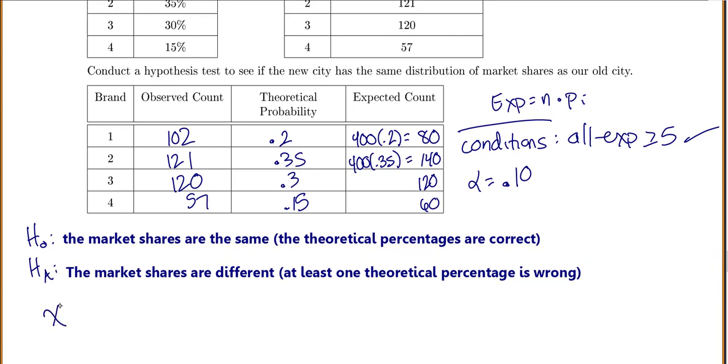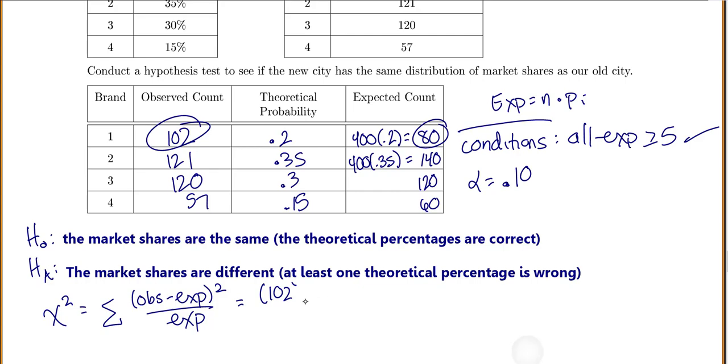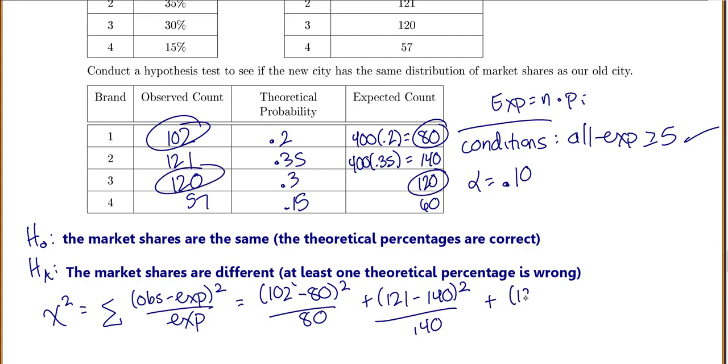Now, the fun part. Our chi-square test statistic is equal to the sum of each observed minus expected, squared, over expected. Remember, if you forgot, the sum sign just means add everything up. So we'll take each observed of 102 and the expected of 80. So 102 minus 80 squared divided by 80, plus 121 minus its expected of 140, squared over 140, plus 120 minus 120 squared over 120.